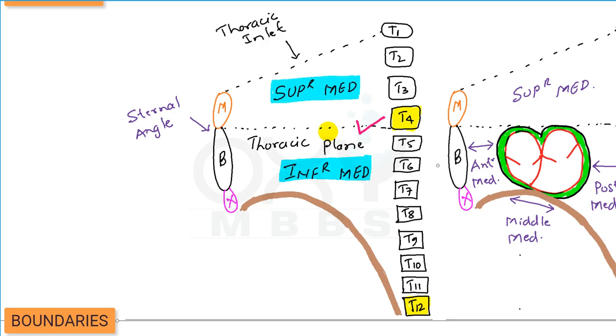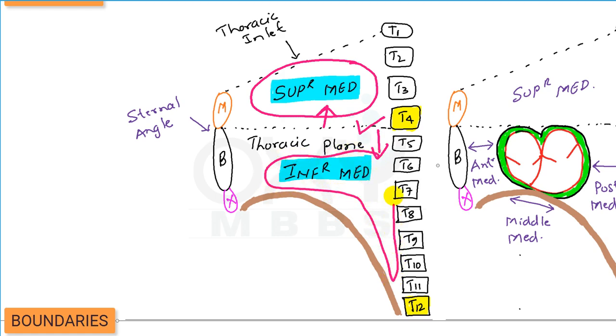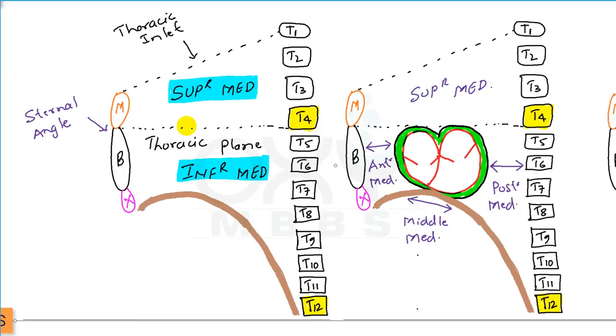The part of the mediastinum that is present above the thoracic plane is called as superior mediastinum, and the part that is present below the thoracic plane is called as inferior mediastinum. So because of thoracic plane, the mediastinum is divided into two parts, superior and inferior mediastinum.